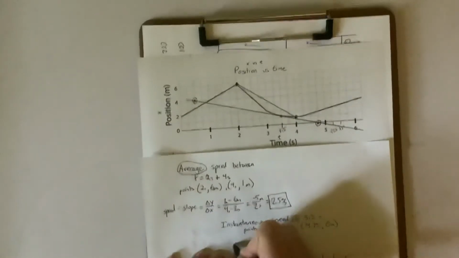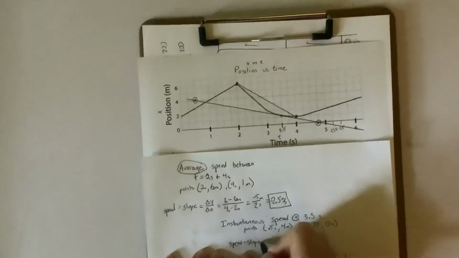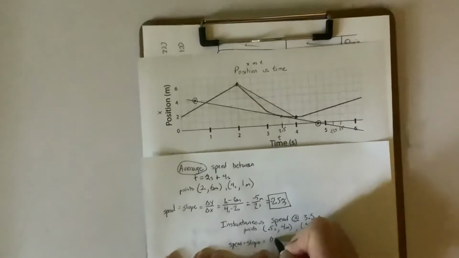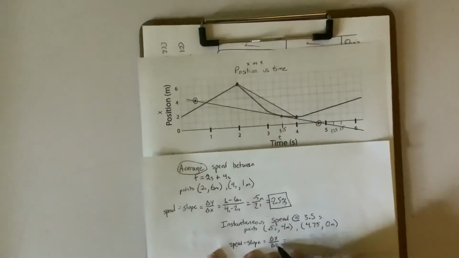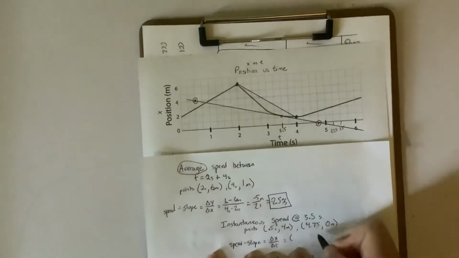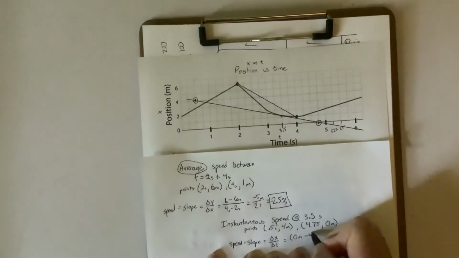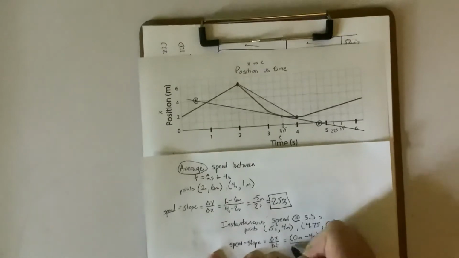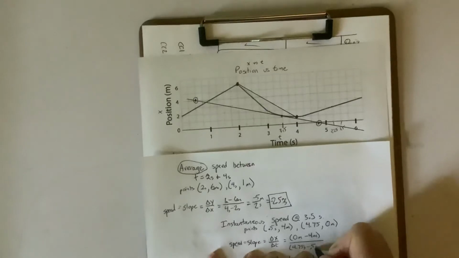Okay. So my instantaneous speed is still the slope. And so I'm going to do the change in position over the change in time. See, I wrote it differently than I did here, and that's totally okay, right? So let's see, I went from 0 minus 4 and 4.75 minus 0.5.